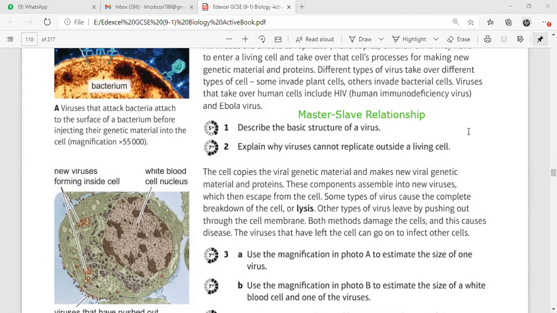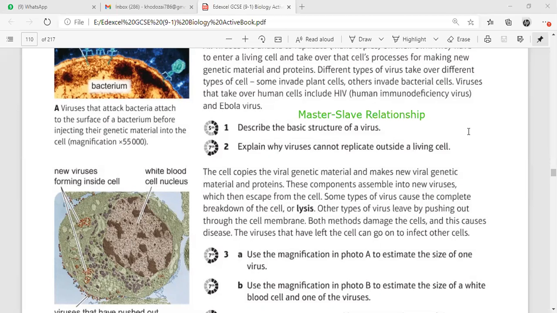So they go for the master-slave relationship. Once they enter a living cell, they take over the machinery of the cell. They control the cell, so they become the master, and the cell behaves like a slave.